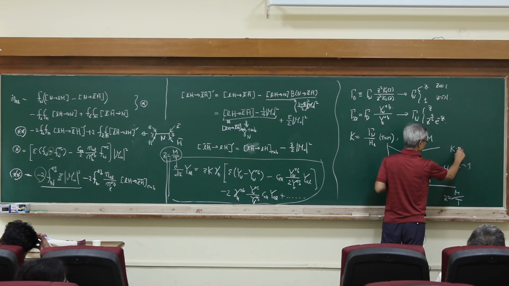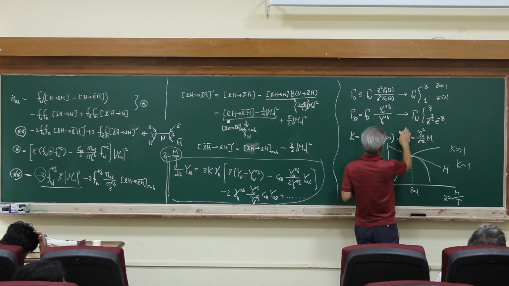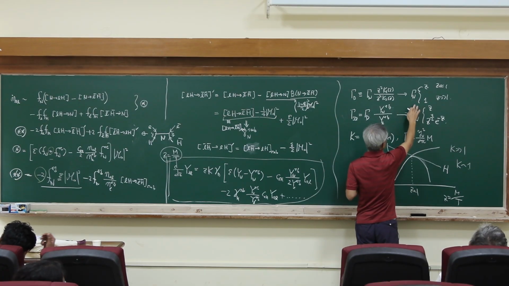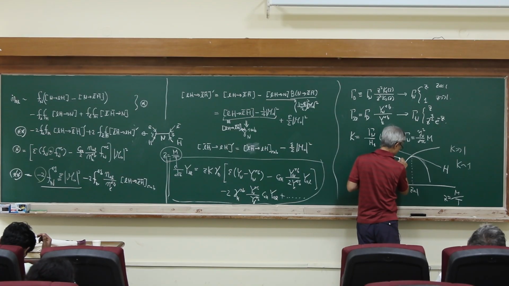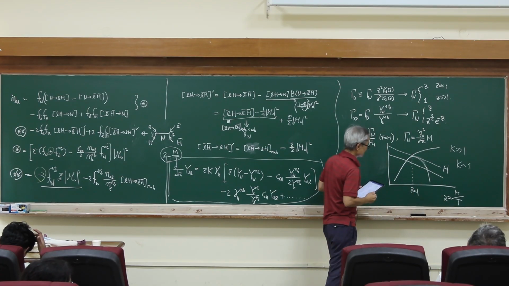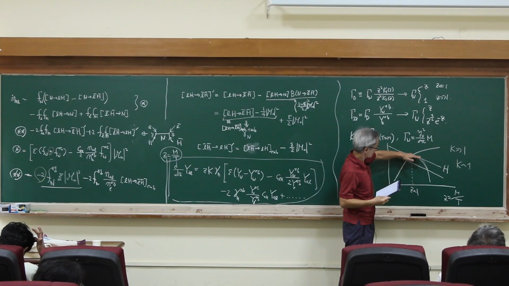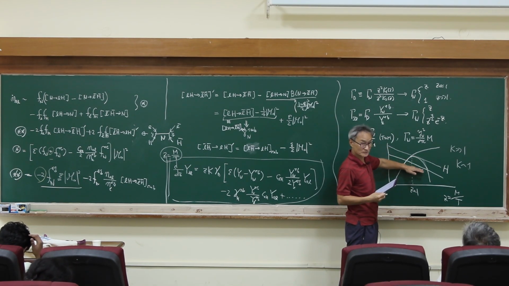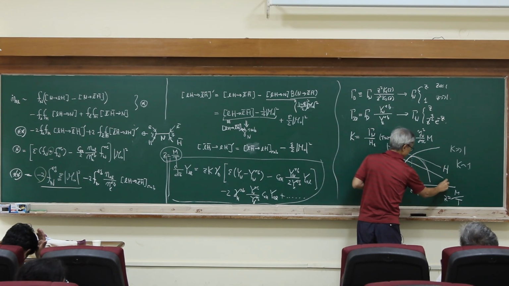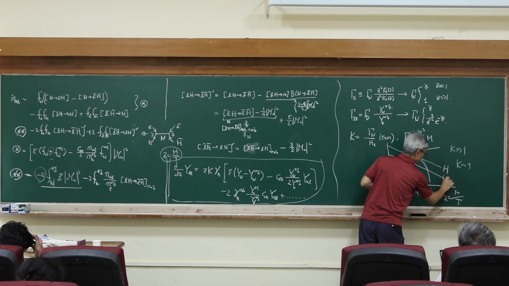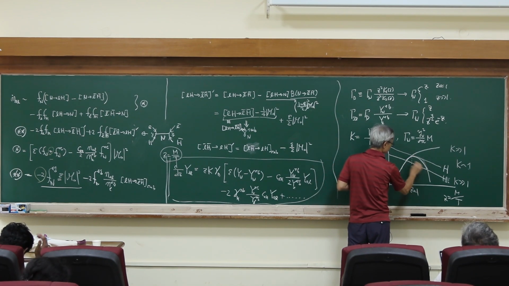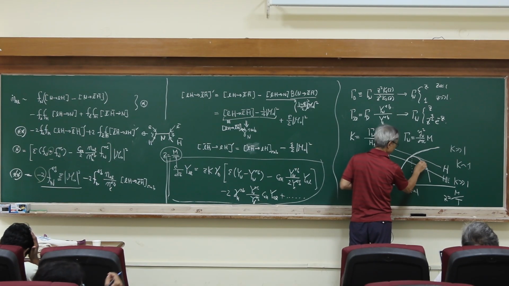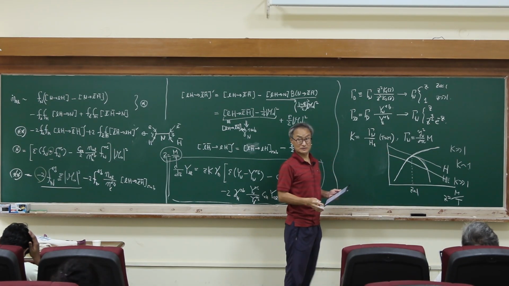For K much larger than 1, this rate gamma_N is large, so it goes like this above H. So gamma D and gamma inverse D will be much larger than the Hubble parameter. This is the Hubble parameter when K is much larger than 1. So we have a period when gamma D and gamma inverse D are larger than the Hubble parameter.